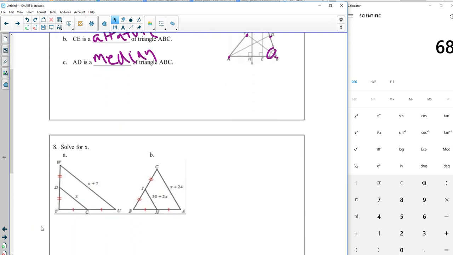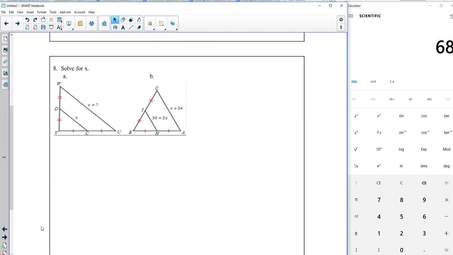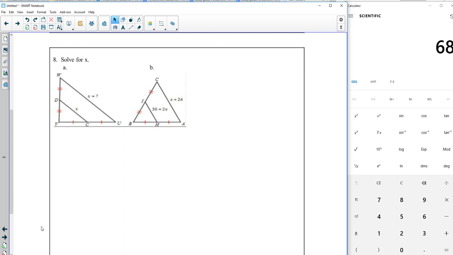Okay, so this next one, we're using the concepts of mid segments. And remember, the mid segment is, it takes two of the smaller ones to equal the bigger one. So the smaller one on A is x. So 2 smaller equals 1 big.